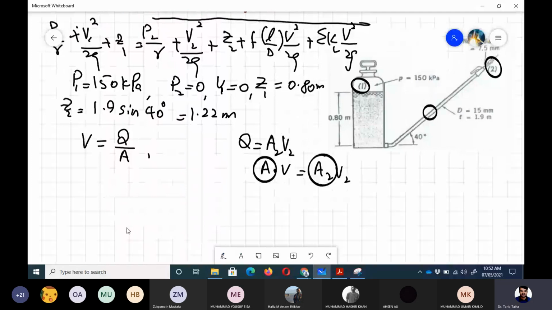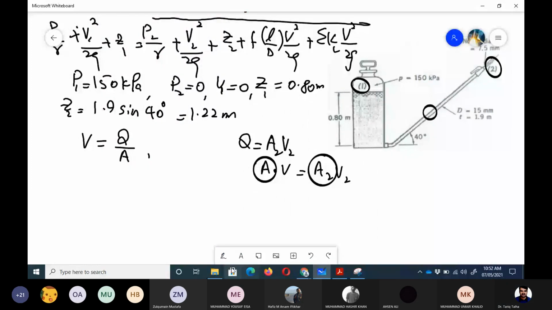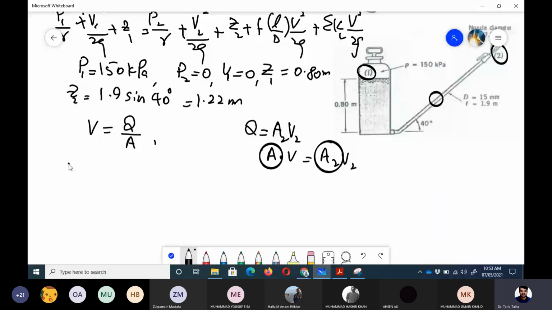So here I can write V2 is equal to, from this relation, Q upon A2, and then Q is also equal to A into V, so A into V divided by A2.